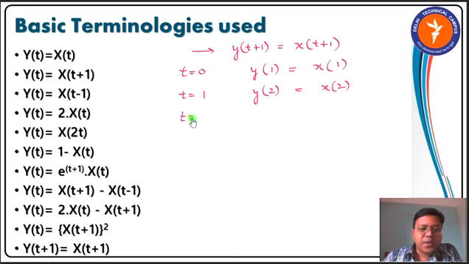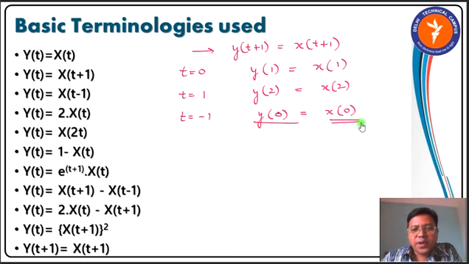And if I change the time instant to be -1, then this again will be y of 0 equal to x of 0. That is, at every instant the present output is dependent on present input. So this kind of system is one where present output is dependent on present input.